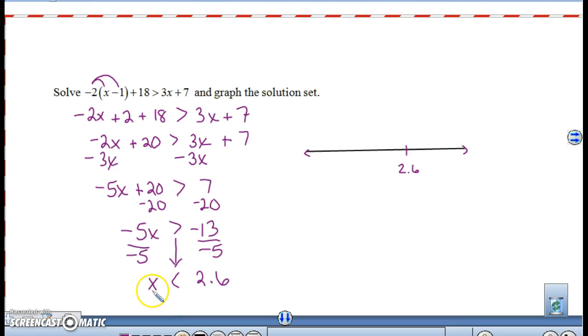If I plug 2.6 in here, is this inequality going to be true? No, it's not. So, since x cannot equal 2.6, I have to put a circle around 2.6. And if it's less than 2.6, my arrow has to go like that. So x is less than 2.6. Any value that I choose in this area will make this inequality true.